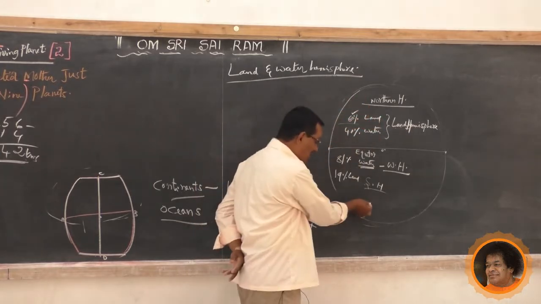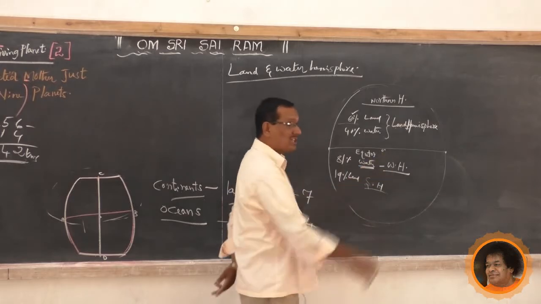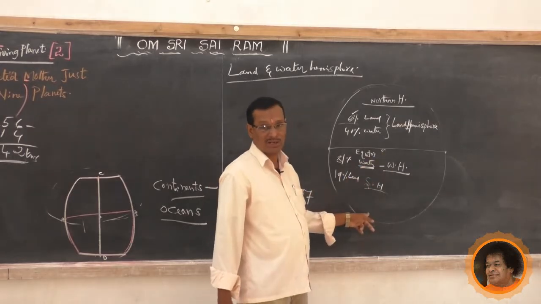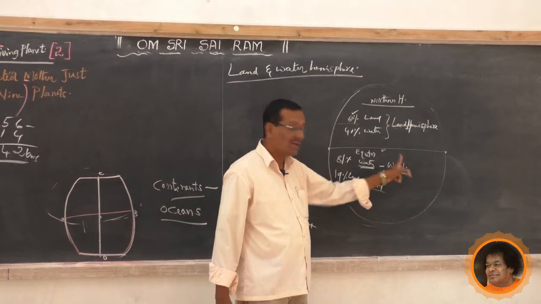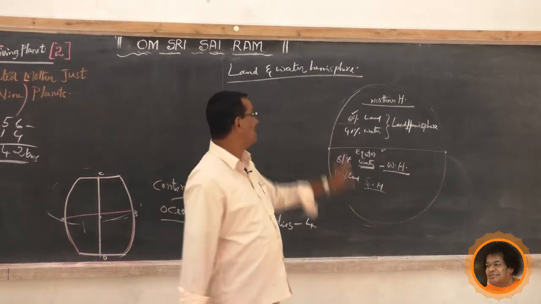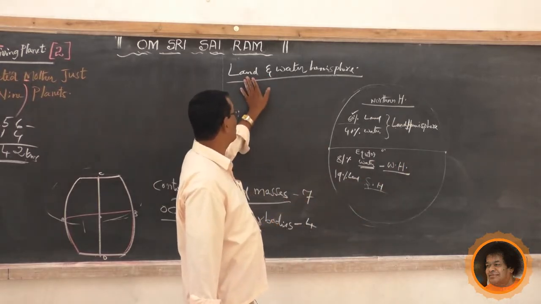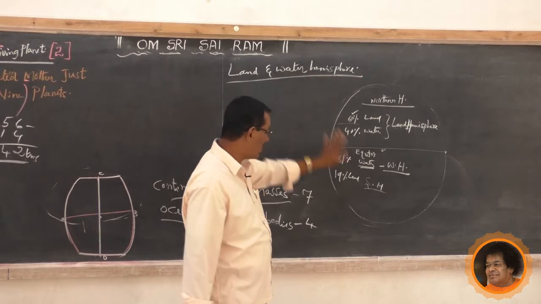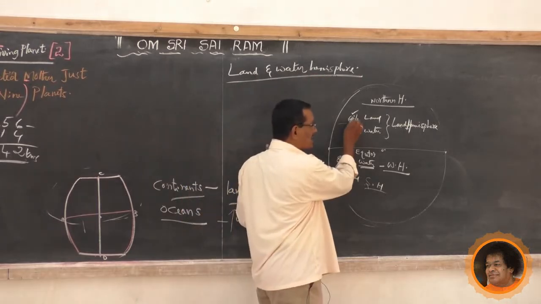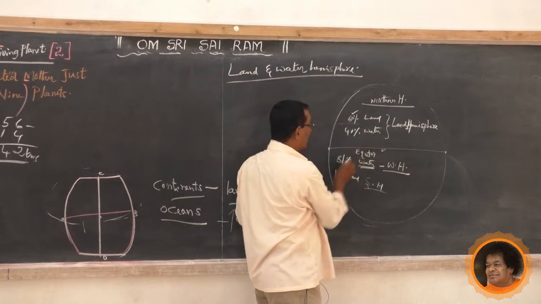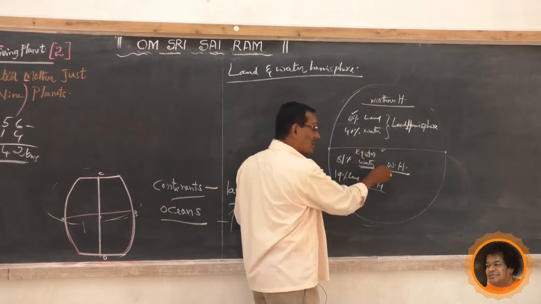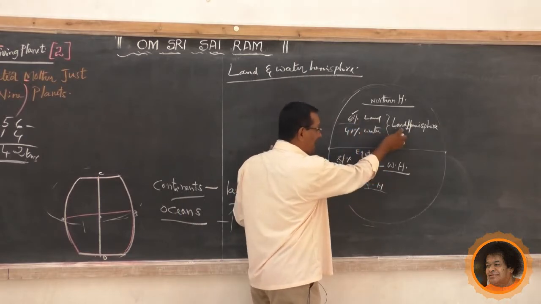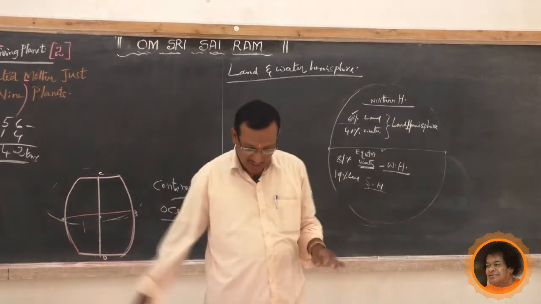In the same way, the majority of water bodies are in the southern hemisphere, with 81% water. This is the meaning of the concept of land hemisphere and water hemisphere.